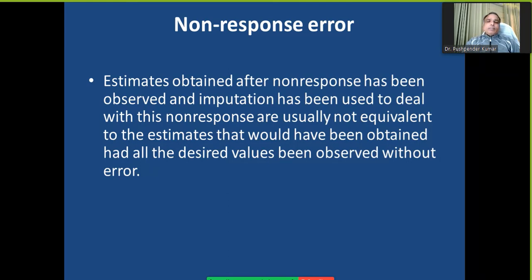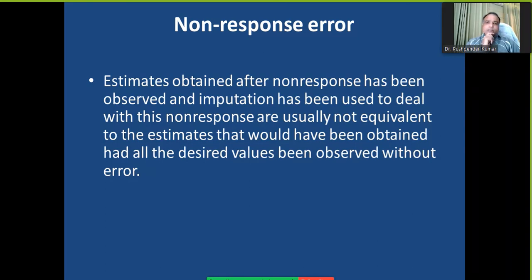So this is basically what you estimate would have been obtained had all the desired values been observed without error. If you don't have the information from those 50 people about a particular question, it will create a problem because it would be a kind of non-response. So here you estimate, you predict that the other 50 also would have answered the same way.